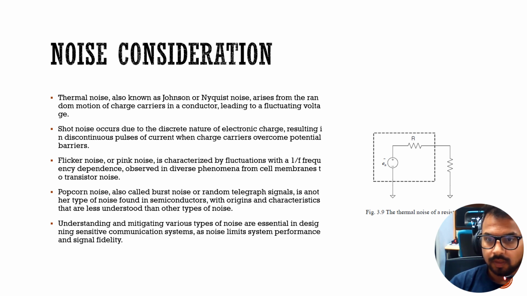Flicker noise, or pink noise, is characterized by 1/f frequency dependence, observed in diverse phenomena from cell membranes to transistor noise. Popcorn noise, also called burst noise or random telegraph signal, is another type of noise found in semiconductors, with origins and characteristics that are less understood than other types of noise.